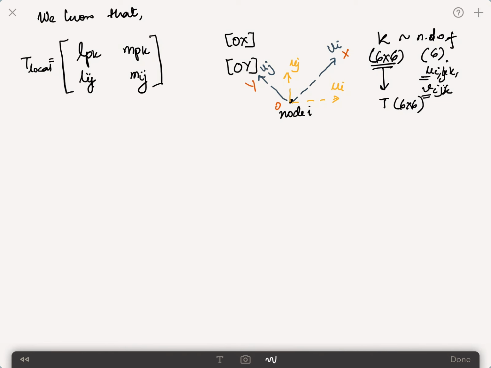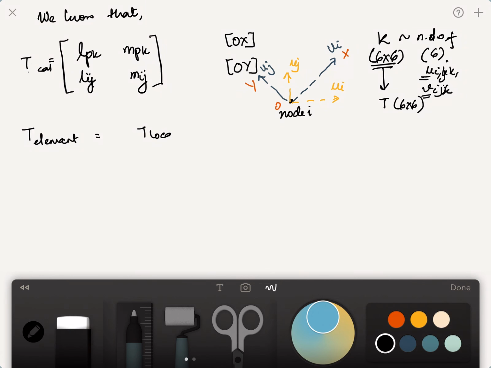Now we can apply this transformation to every node, because we will use the same transformation for the same element. That means we can then write the final total transformation for the entire system. I don't want to use the word global here, so I will use element. So the element transformation can be written as T local, or actually it would be a better idea to write this as T nodal.